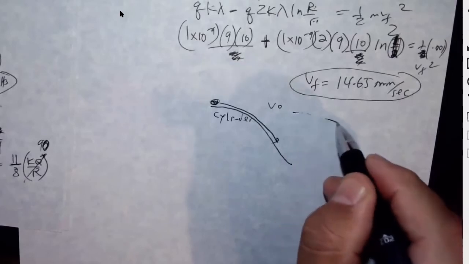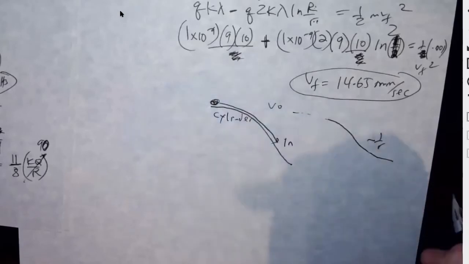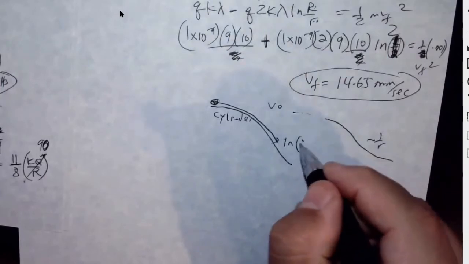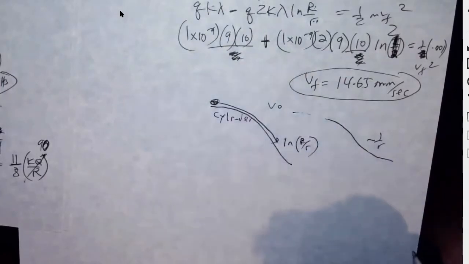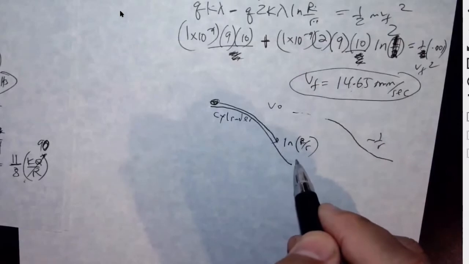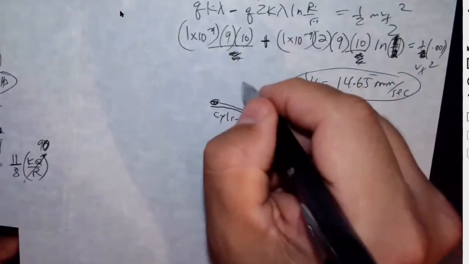The sphere turns into 1 over r, and the cylinder turns into an ln function, proportional to ln of r over R. So the fact that it's faster means the cylinder is dropping faster. That's surprising because usually for the cylinder the electric field drops slower. That's interesting. Electric field drops slower, voltage drops quicker.